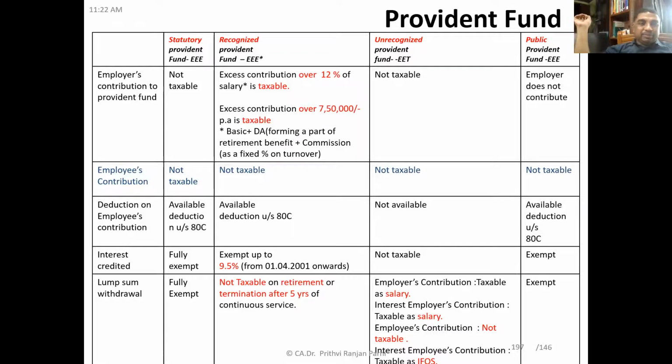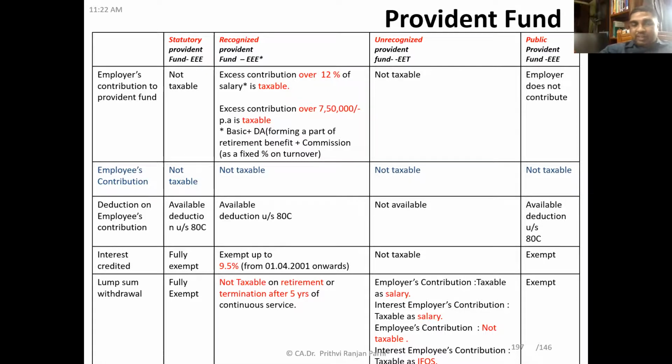But here salary means basic salary plus DA forming a part of retirement benefit plus commission, which is fixed as a percentage of turnover. So recognized provident fund employer's contribution is exempt up to a certain limit. Beyond that, it will be taxable.